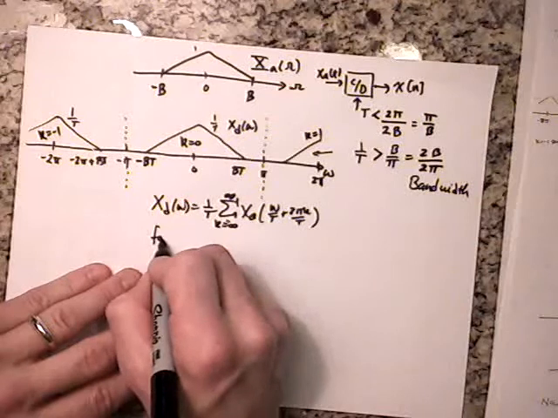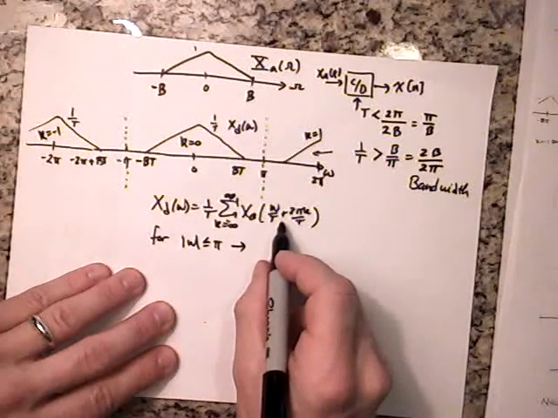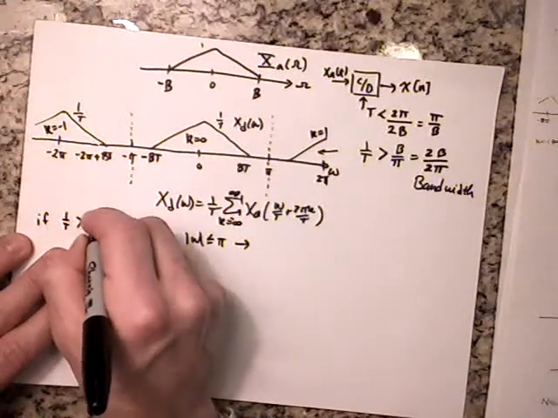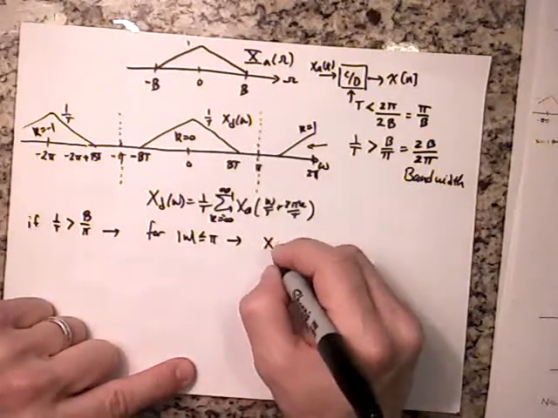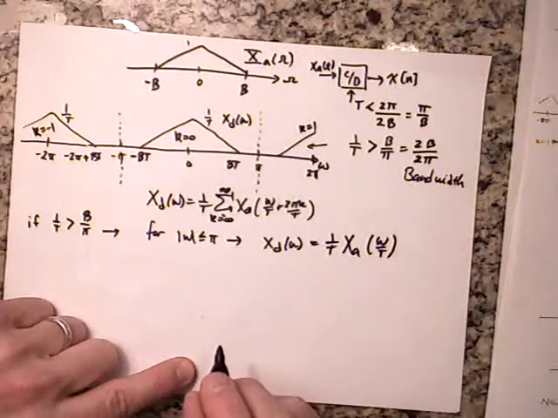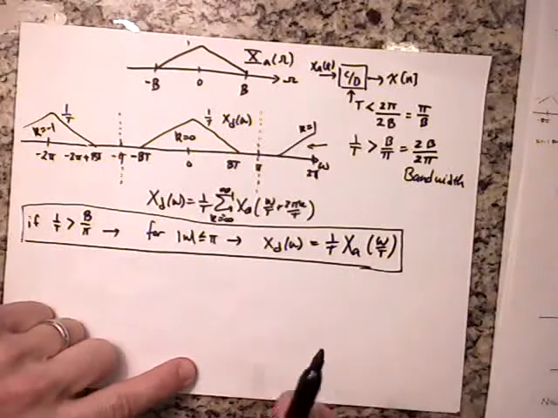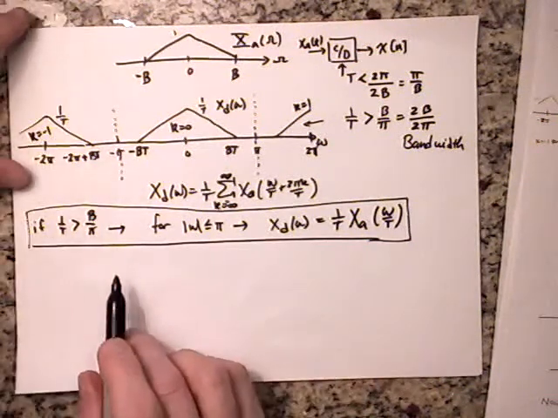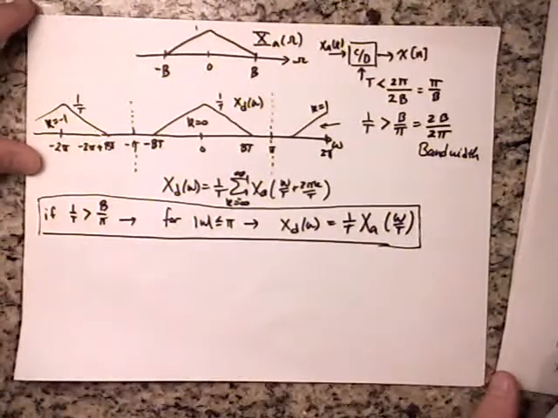So in the range magnitude of omega less than or equal to pi, if these don't overlap, so if 1 over T is greater than B over pi, then in the range minus pi to pi, X_d of omega is just 1 over T, X_a of omega over T. This is really just a statement of the Nyquist criterion.